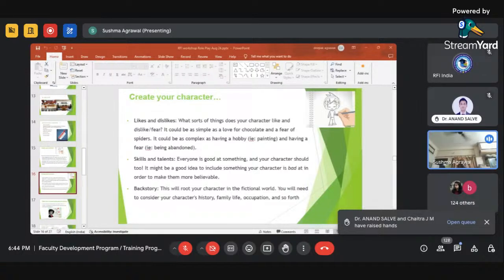A character may be a very poor person who does not have money to survive. Besides that, that character worked a lot, educated himself or herself a lot, and ultimately became a big man. Now, what is the impact? As this character has seen many ups and downs in his life, once he becomes a rich, successful person, he may dislike many of the rich people and may like the poor people.